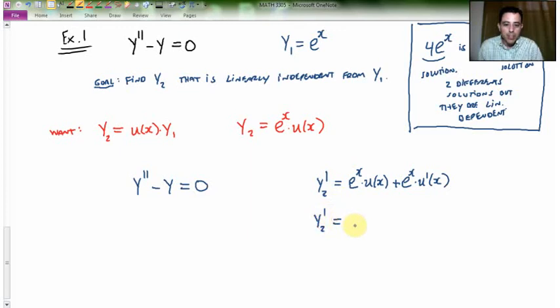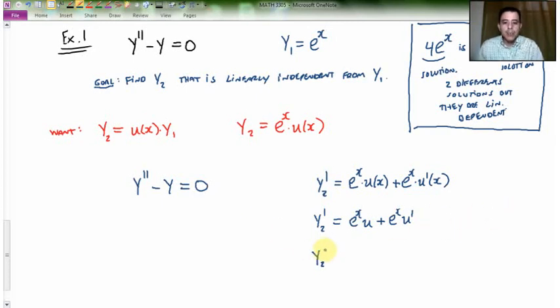It's e to the x u plus e to the x u prime. Then I can factor e to the x, so this will be e to the x times u plus u prime. I don't know if I need to do this, it doesn't look like I need to, because things are going to simplify. Anyway, let me just leave it like that.